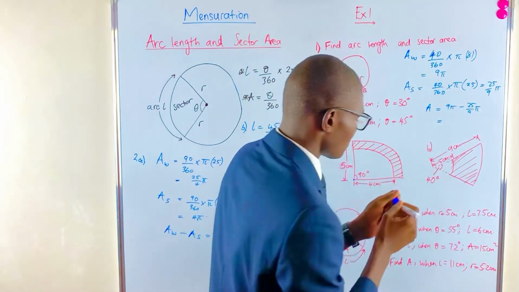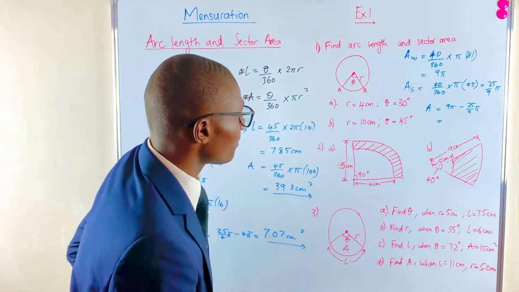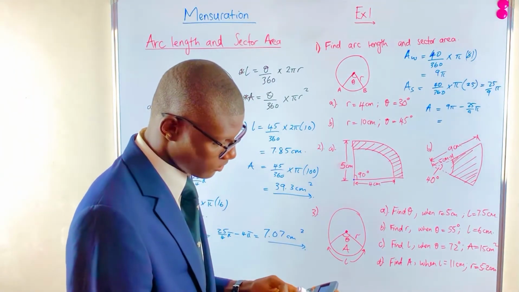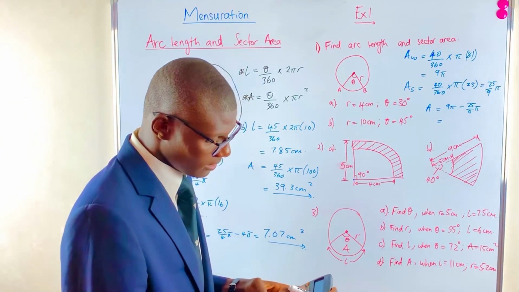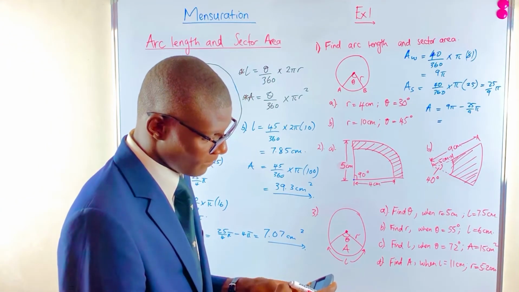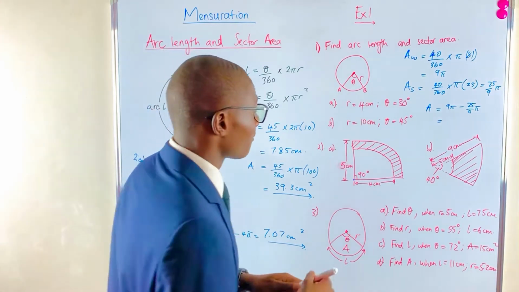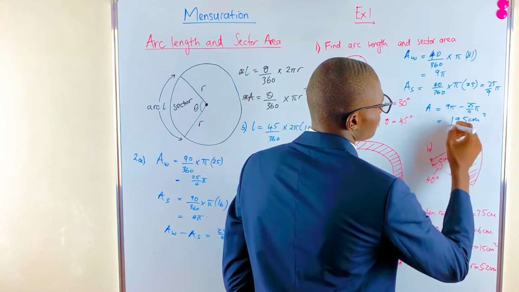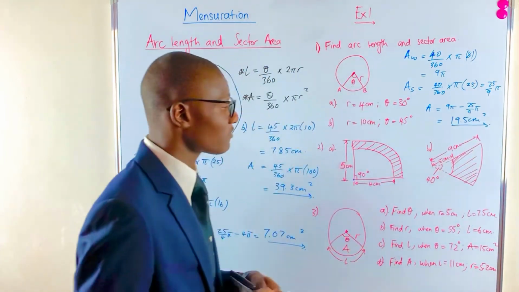Let me punch this in the calculator. So 9 minus 25 over 9, times pi. That will give us 19.5. So 19.5 square centimeters. This would be the area of the shaded region.